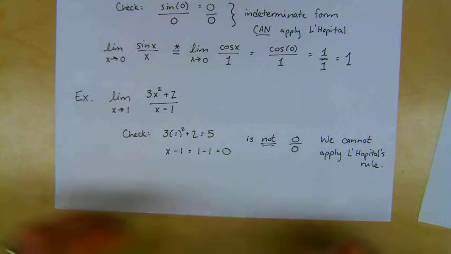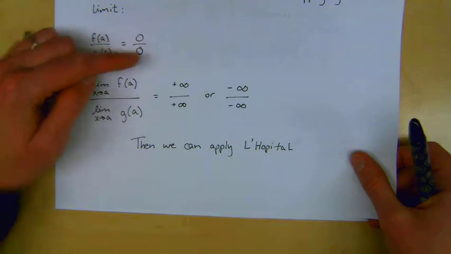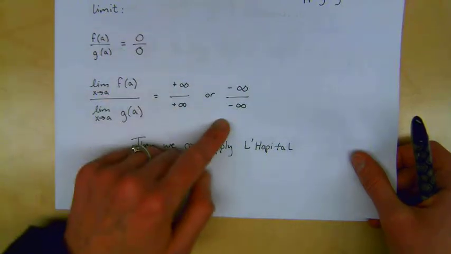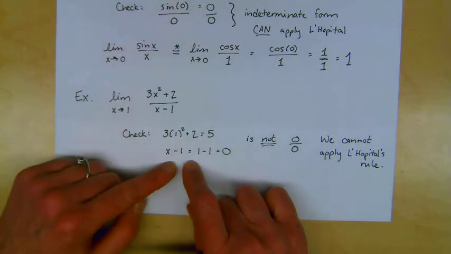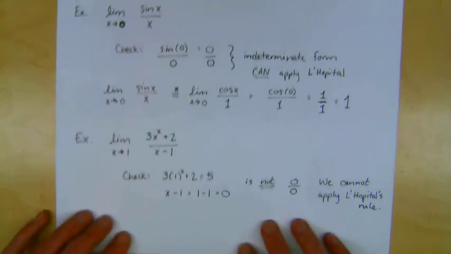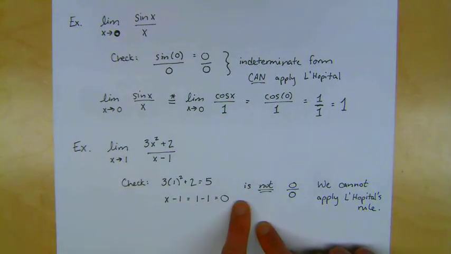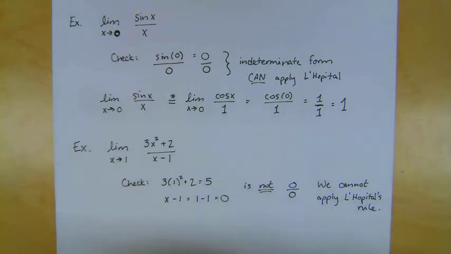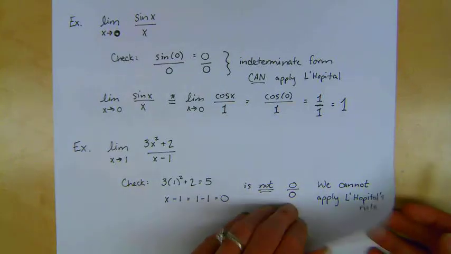So, again, in order to apply L'Hopital's rule, we would need to have an indeterminate form of the limits, either 0 over 0, infinity over infinity, or negative infinity over negative infinity. And we should always check before applying L'Hopital's rule. Otherwise, you would have to evaluate it using previous methods that we saw all the way back in chapter 2.